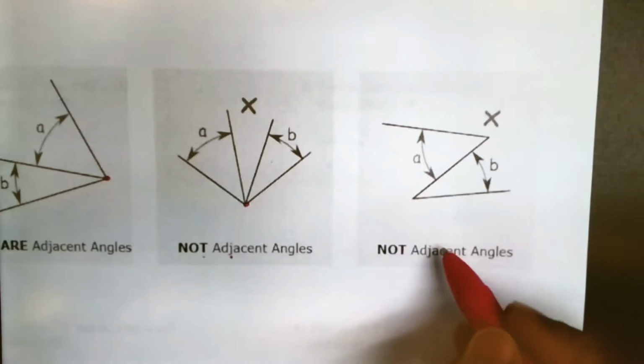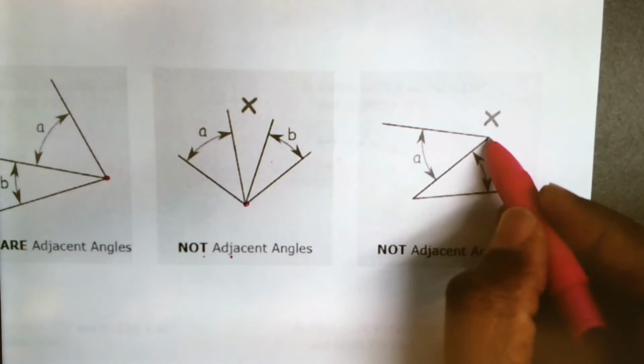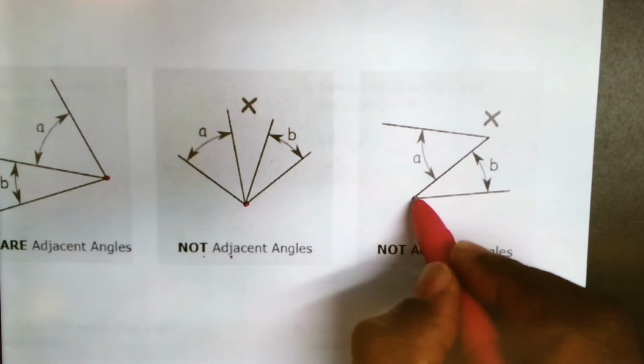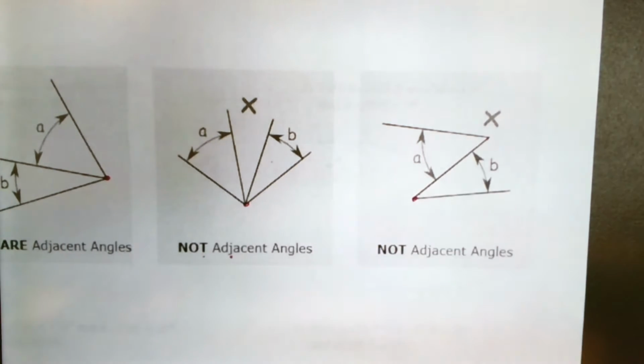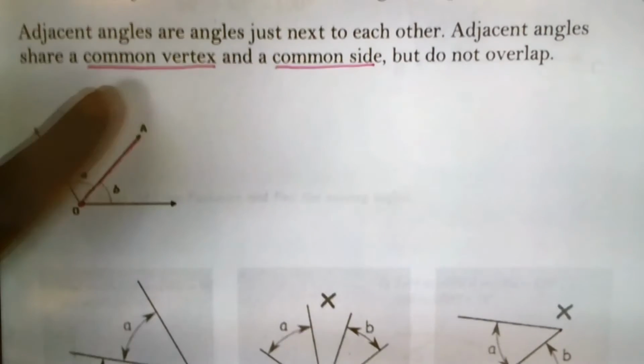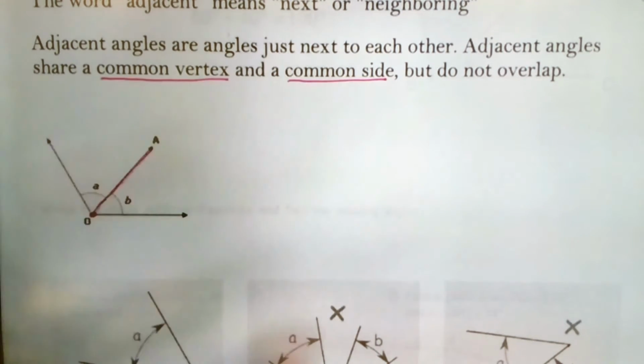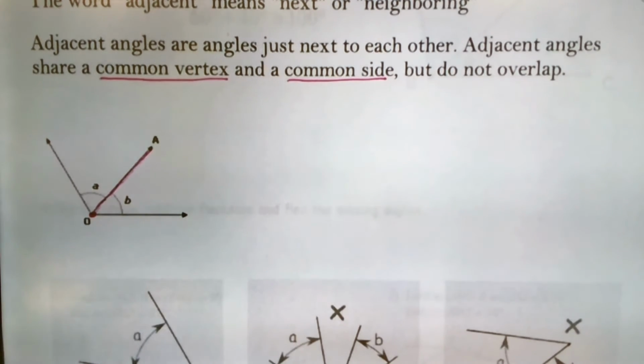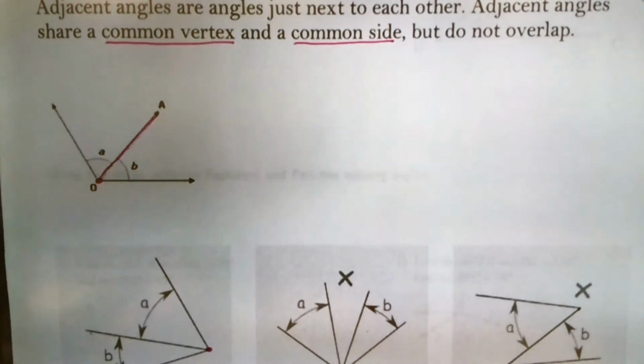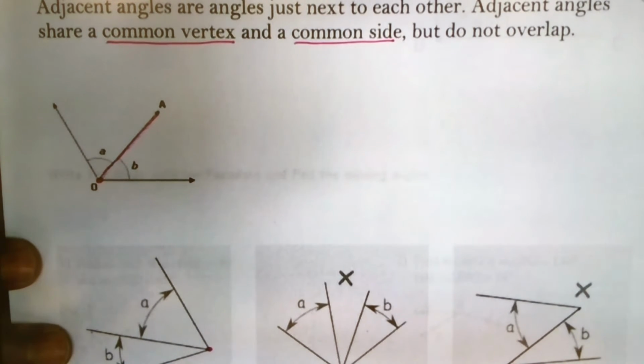The next one is also not adjacent. This side is common for both, but this vertex is not common. So in order to be adjacent, two conditions: one, they should have a common vertex, and the second is they should have a common side. Those types of angles are known as adjacent angles.